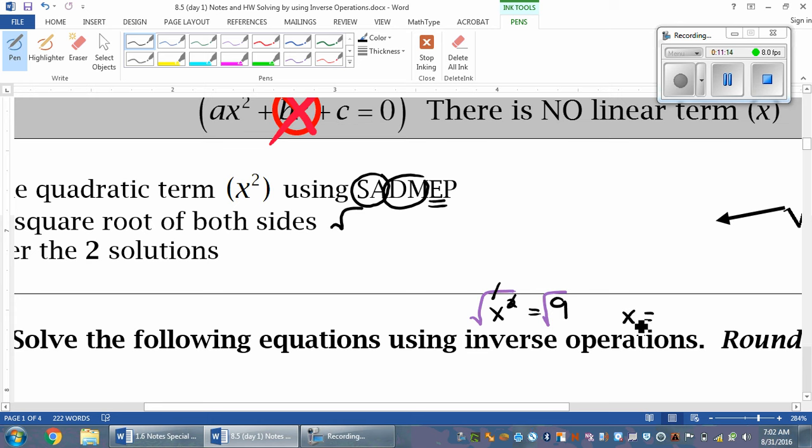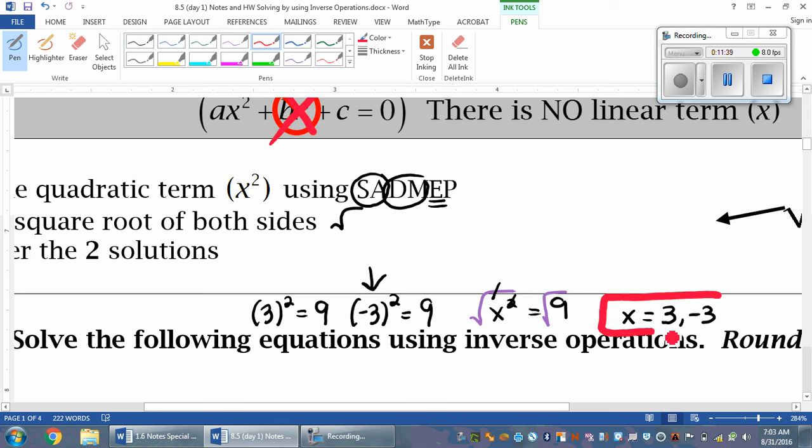When you put the square root of 9 in your calculator, it comes out 3. But if I square 3, we know that gets 9, and if you square negative 3, that also gets you 9. So you have to remember your two solutions. Your calculator is never going to give you the negative solution when you take the square root. So my two solutions are 3 and negative 3 for that example.